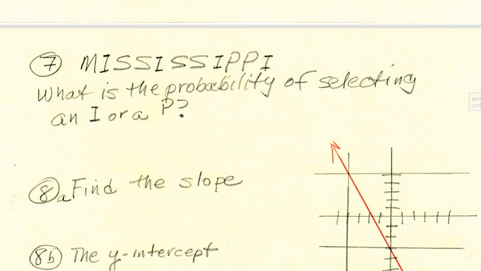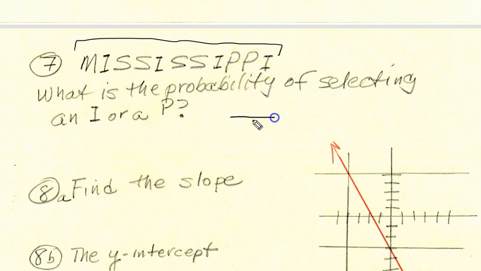Now, in this next one, what is the probability of selecting an I or a P from this word? Happens to be Mississippi. All right. Strategy would be, well, how many items are in our sample field? So we count them. 1, 2, 3, 4, 5, 6, 7, 8, 9, 10, 11.